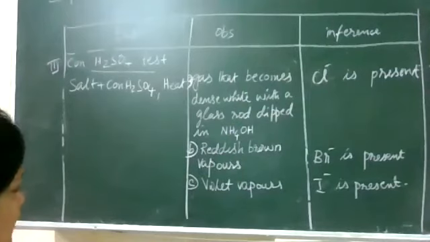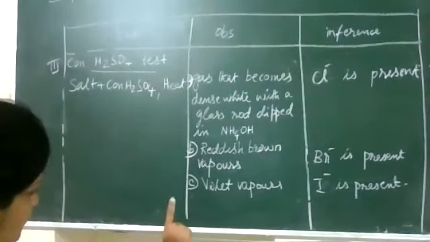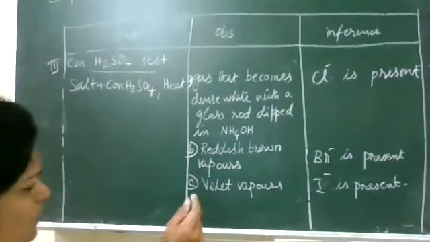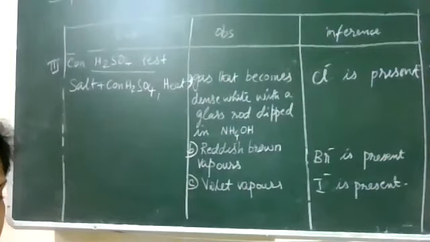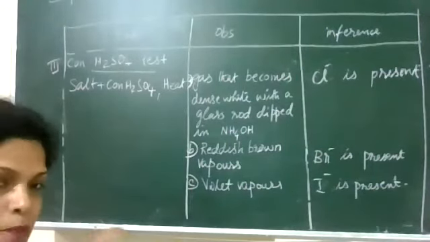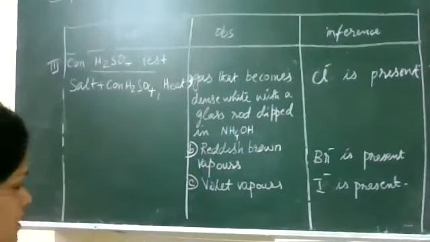So to this salt plus concentrated H2SO4 and heat, you add this paper ball. You know what is a paper ball, I have shown it. Or you can add copper turnings. So this test is called the paper ball test or copper turnings test.